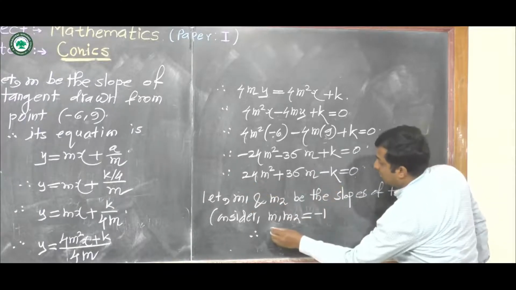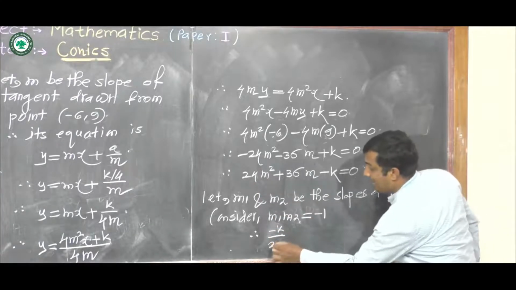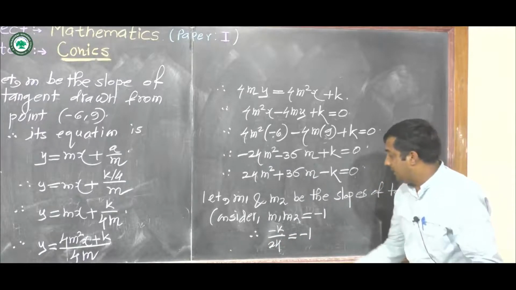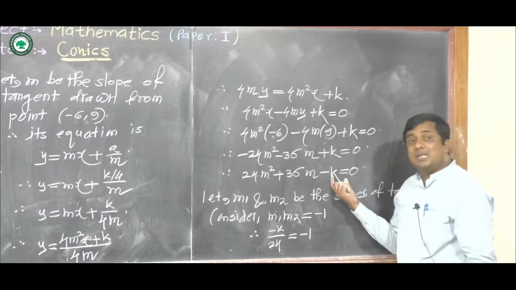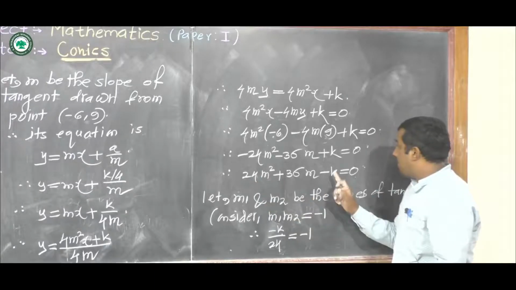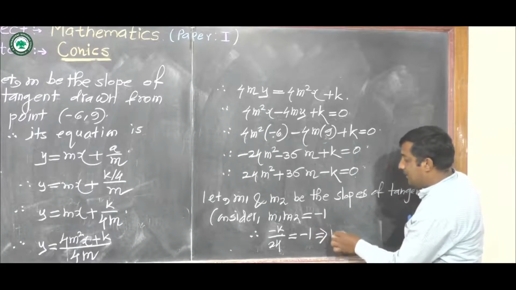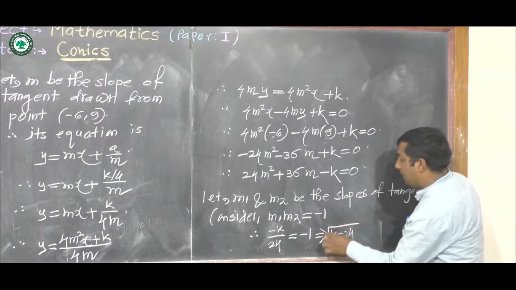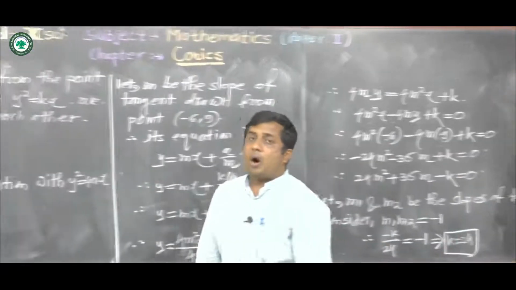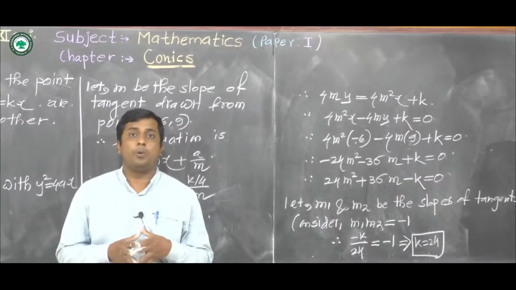Here the constant is minus k, divided by the coefficient of m square, which is 24, and this is equal to minus 1. So this implies k is equal to 24.